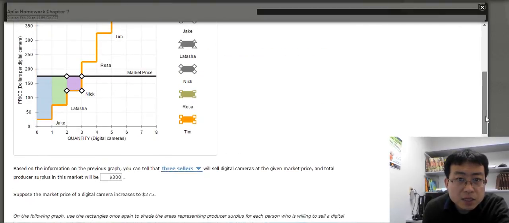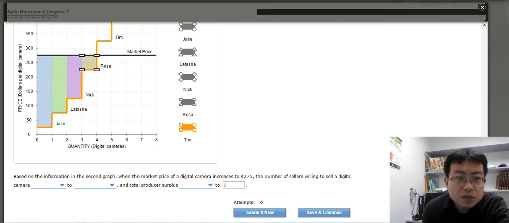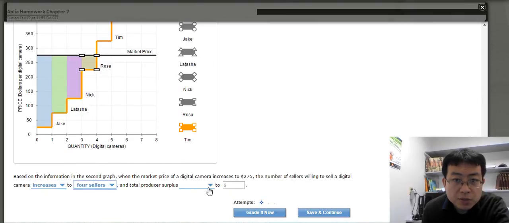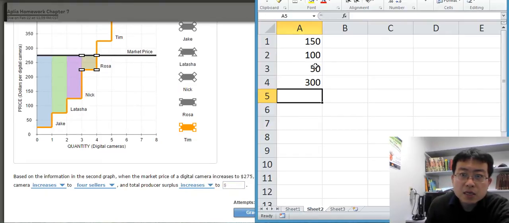Let me check my answers above. Okay, all right. So based on the information above, when the market price for digital cameras increased to $275, the number of sellers willing to sell the digital camera increased to 4 sellers, and the total producer surplus also increased. So let's find our producer surplus.